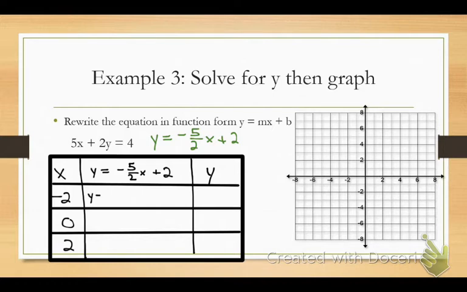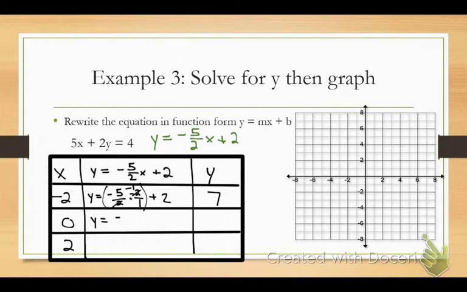All right, so now I have y equals negative 5 over 2 times negative 2 over 1 plus 2. All right, and this is something that you can do in your calculator if you want, but you know that those cross cancel and that becomes a negative 1. Negative 5 times negative 1 is positive 5 plus 2 is 7. All right, and then this one's going to be easy.